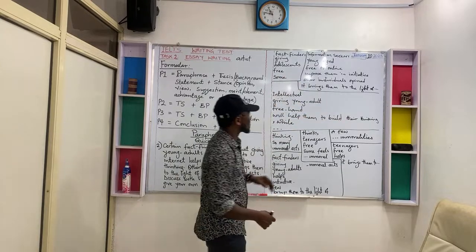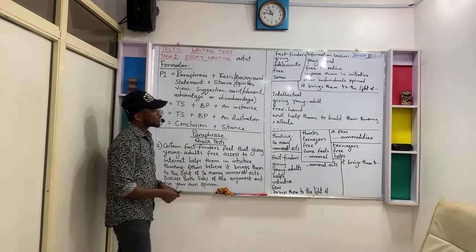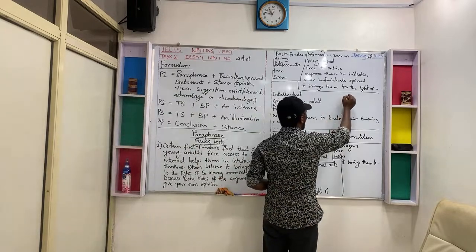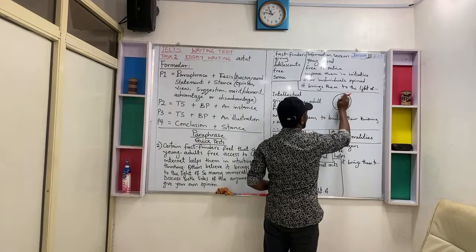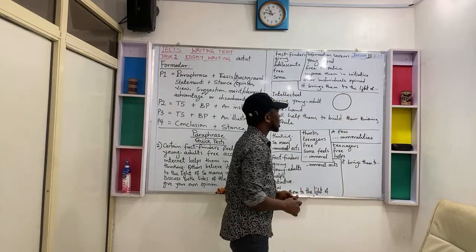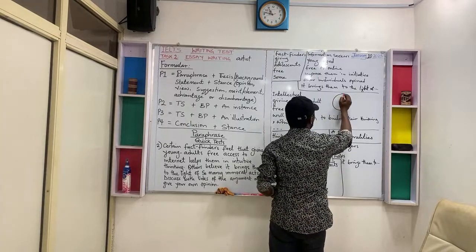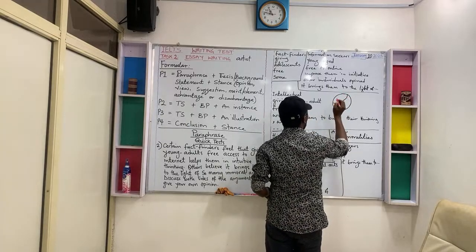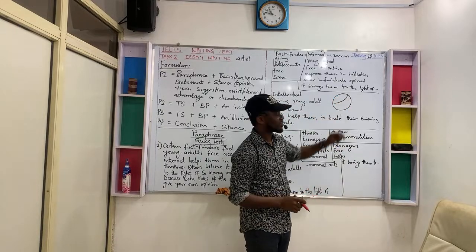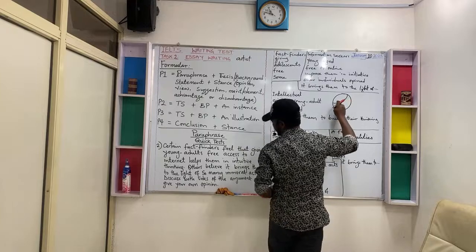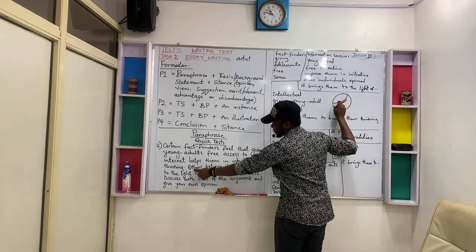Now, some, you see, when you have a whole, that means everything here is 100%. Then, out of this 100%, it tells you that some. You can see that some is not even up to half, right? Now, this remaining part means what? Others.